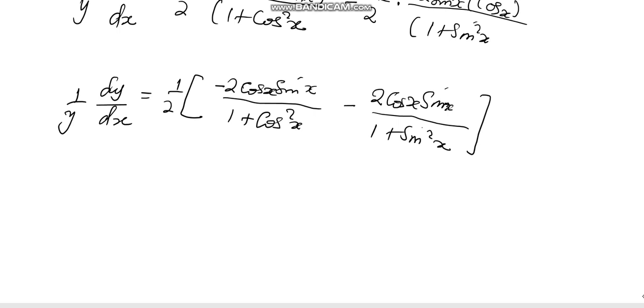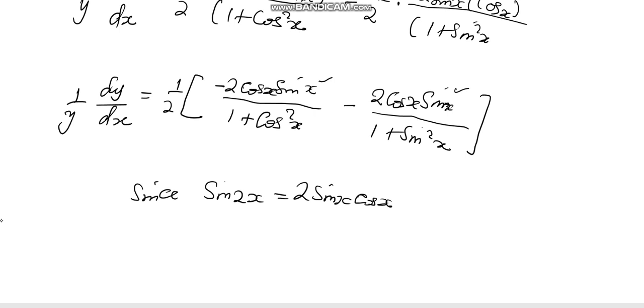Now we know we have identities here: sine 2x is equal to 2 sine x cos x.